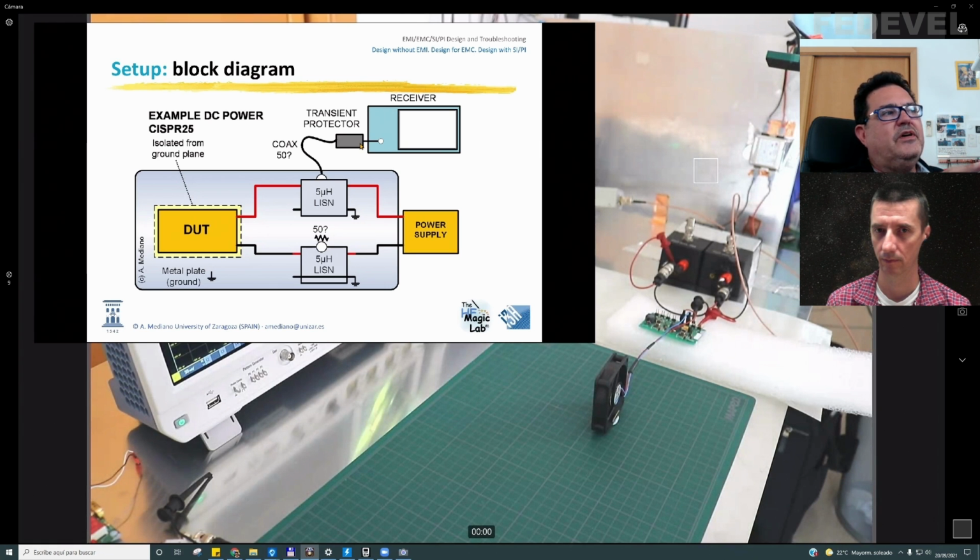This kind of transient protector usually has some kind of attenuation, I don't know, 3 dB for example, has a broadband behavior to cover all the frequency range of interest, and usually has some kind of diodes limiting the possibility of negative or positive peaks. They work by clamping this kind of transients.